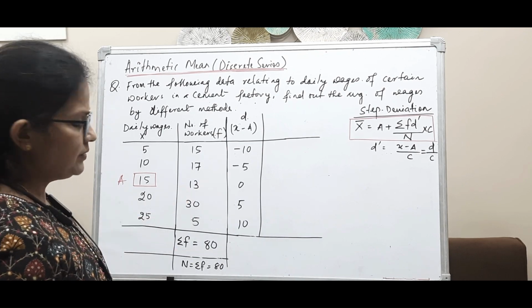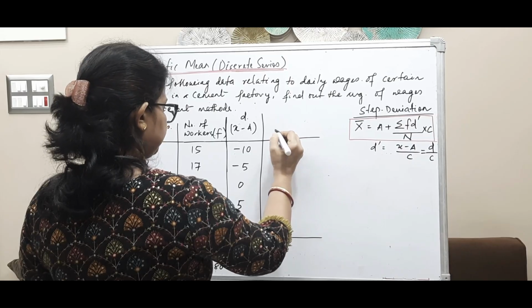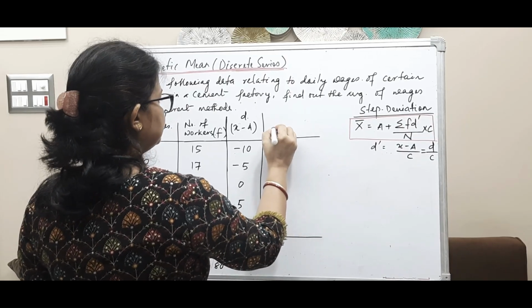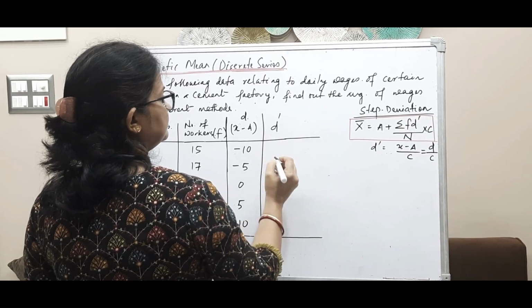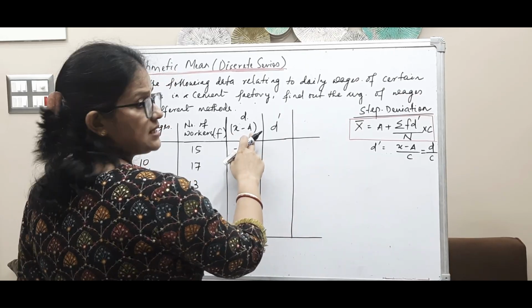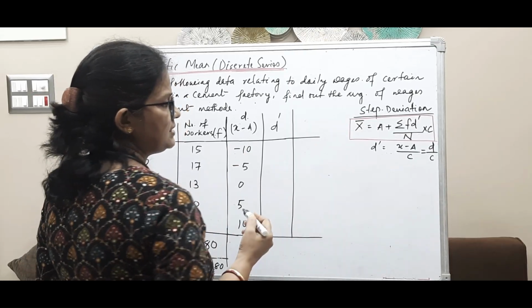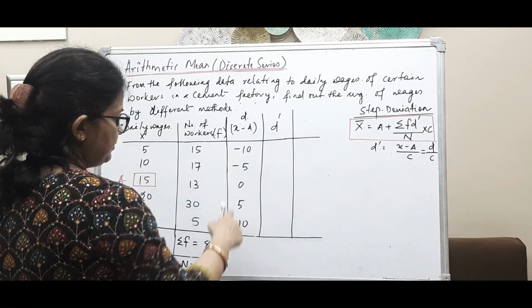How are we going to calculate d dash? D dash equals x minus a divided by c, where c is the common factor.